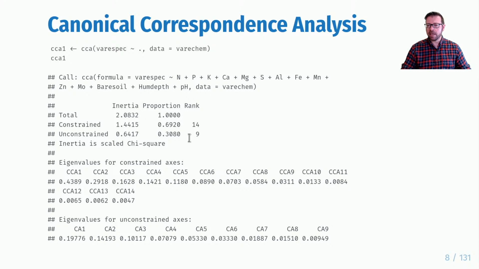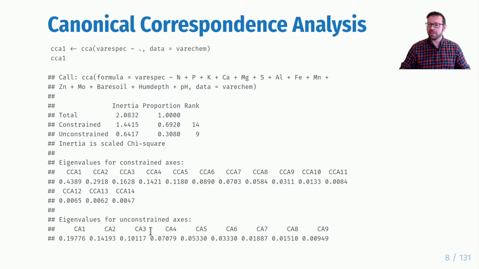And what these remaining axes of variation are, essentially, if you've taken the residuals from this model and then used them as the responses and done a correspondence analysis on them, that will show any structure that's left over in the residuals.